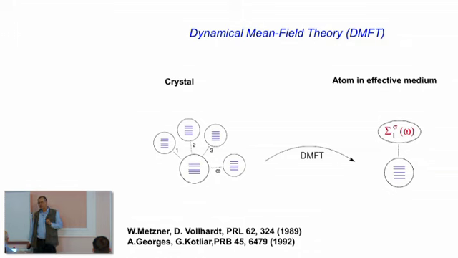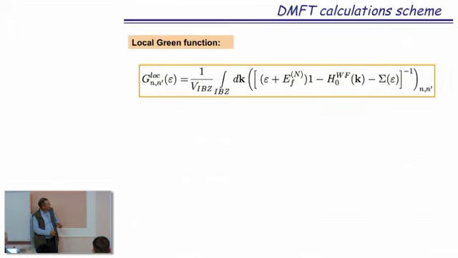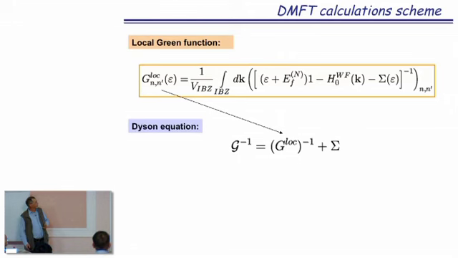And this potential is self-consistently calculated in the following way. First of all, we start with some approximation for this self-energy. We get the lattice Green function. Then we identify this lattice Green function with the impurity Green function.